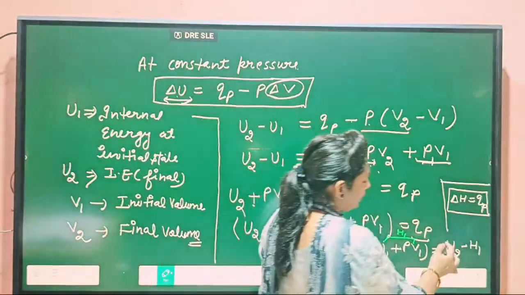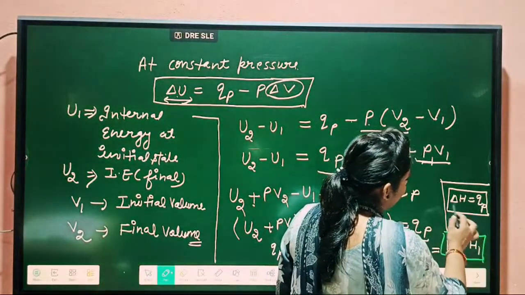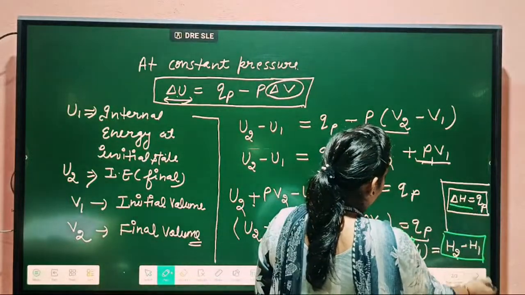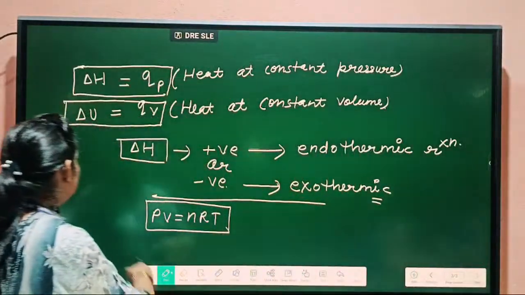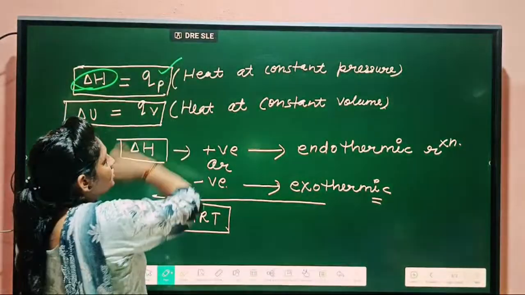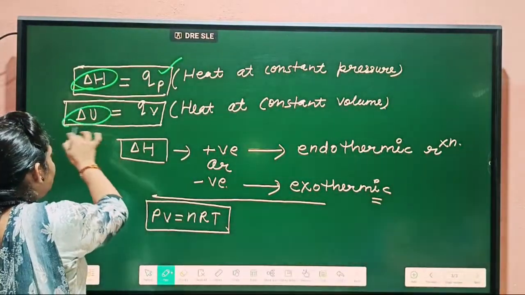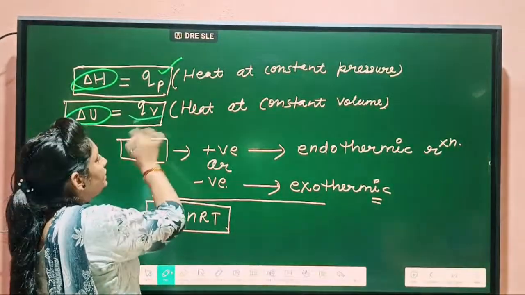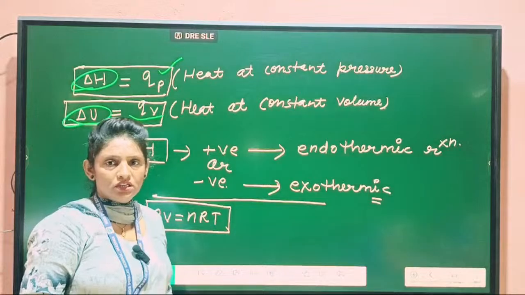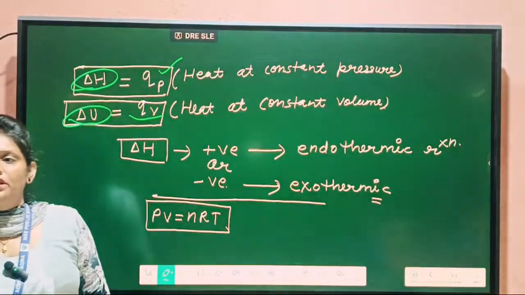So H2 minus H1, you can write del H, and del H is QP. So change in enthalpy is heat at constant pressure, and change in internal energy is heat at constant volume. Clear or not? Yes. So this is all about the enthalpy, students.